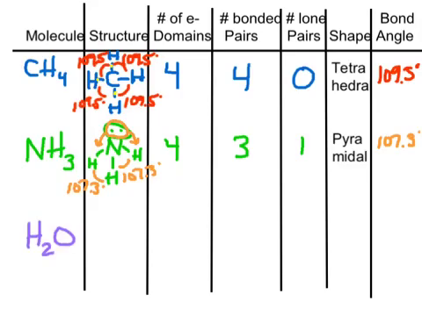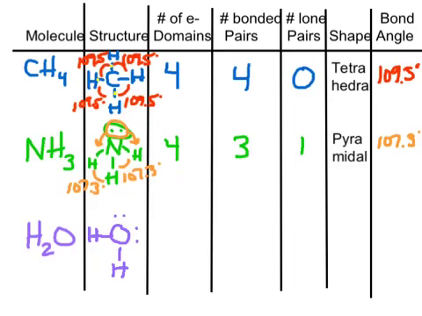Our next example is the molecule H2O. If we draw out the structure of H2O, we're going to have an oxygen bonded to 2 hydrogens. And remember, this oxygen also has 2 lone pairs around it that are not involved in bonding.